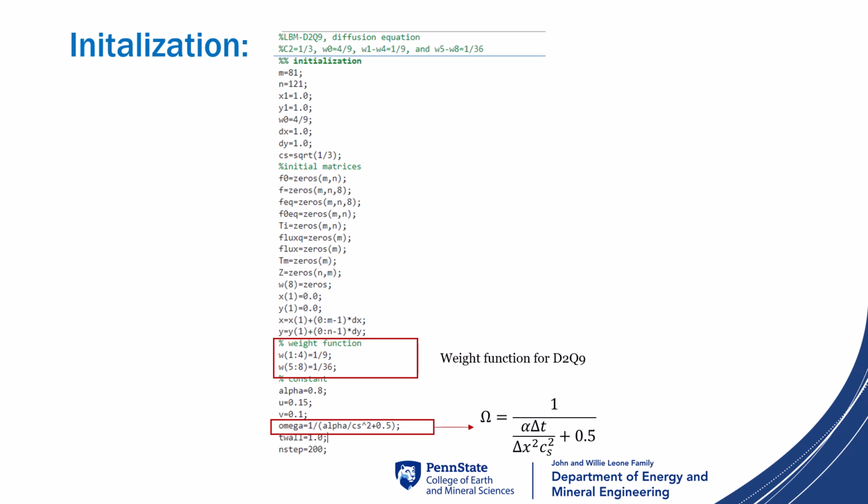The weight for directions 1 to 4 is 1/9, and for directions 5 to 8, which are the diagonals, the weight is 1/36. The relaxation parameter omega is calculated based on the lattice sound speed CS, which equals 1 divided by the square root of 3. The parameters control how quickly the system relaxes towards equilibrium.